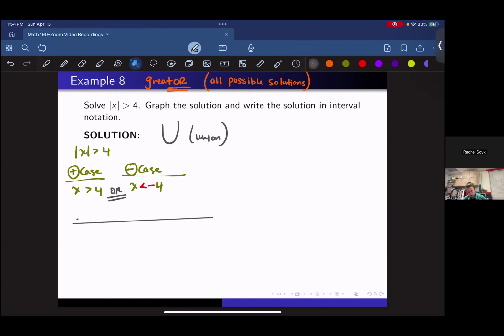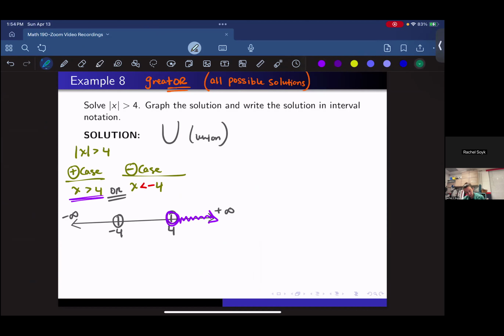So when we graph this on a number line, we want to represent everything that's shaded. We have a -4, we have a 4. It's all less than or greater than, so we have some open circles. And so x is greater than 4, just shade to the right.